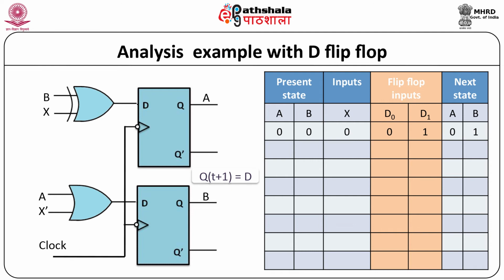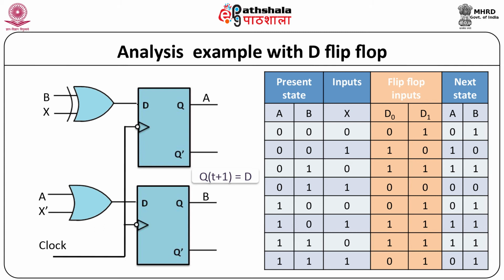The D0 input is 0 and D1 is 1. So, let us use the equation Q(t+1) is equal to D to obtain the next states. Thus, we get next states for AB as 0 1, which is the same as the flip-flop inputs.